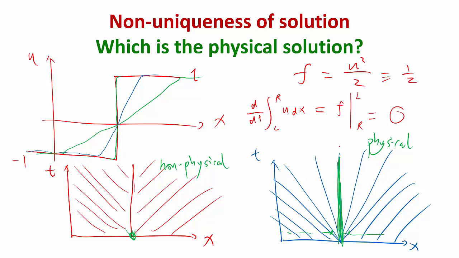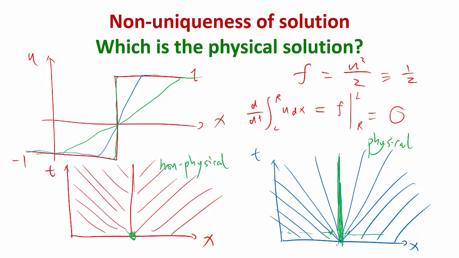Remember, the characteristics are straight lines, right? If the solution here is a certain value, the characteristic here should be going towards one direction or the other. What is the value of this straight line over here? df du, right?